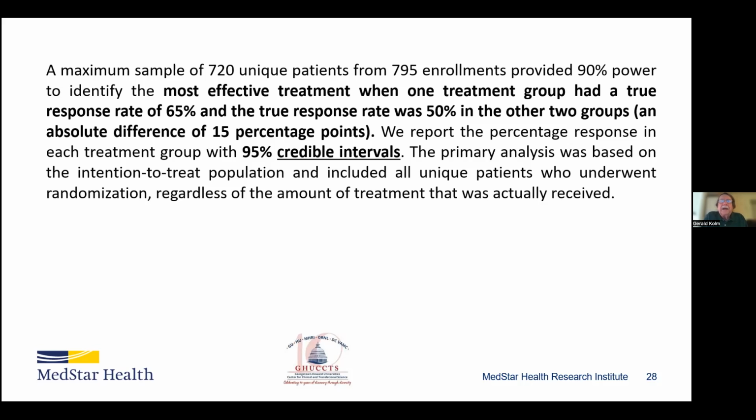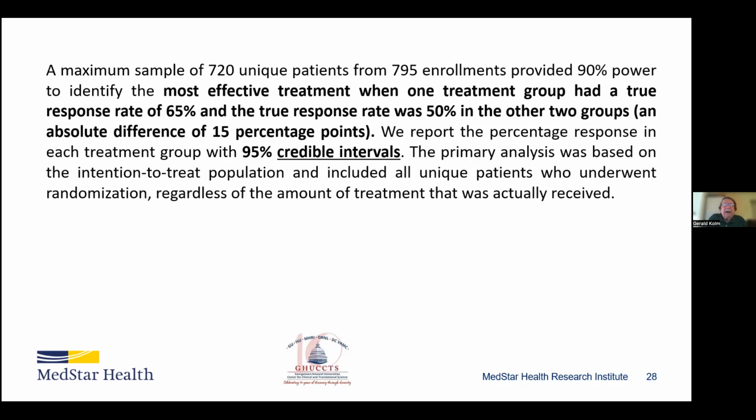And so they're going to report the percentage response in each treatment group with 95% credible intervals. Now the parallel in the frequentist approach is a confidence interval, but in Bayesian statistics, it's referred to as a credible interval. Even though it sounds like it's kind of the same thing, they have different interpretations.